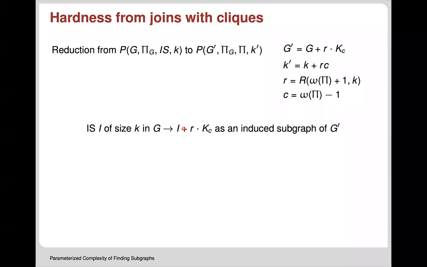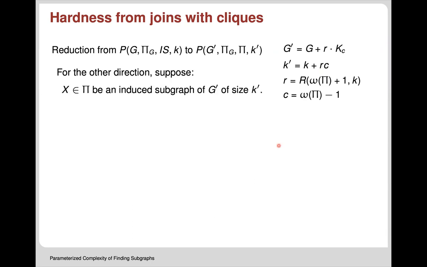I just showed that if you take a join with an independent set, then the maximum clique size of your graph increases by 1, so now you get omega pi, and as pi includes graphs of these classes, this is a required graph class, and this also satisfies the size condition, which is k plus R times C.